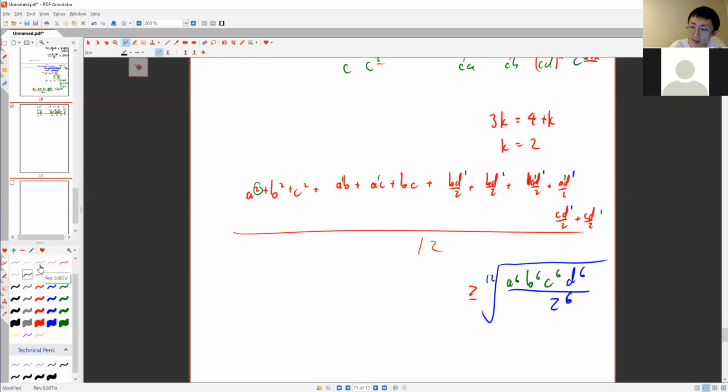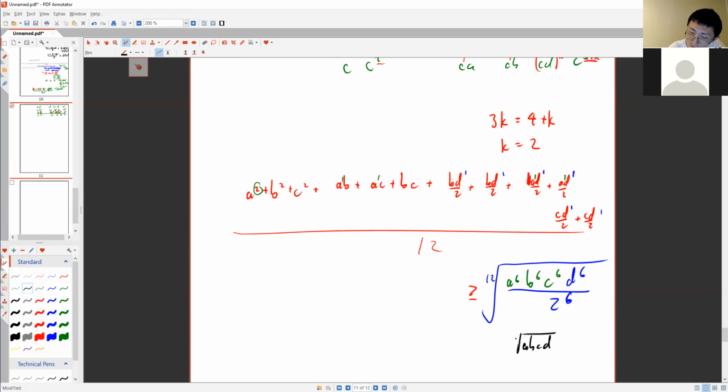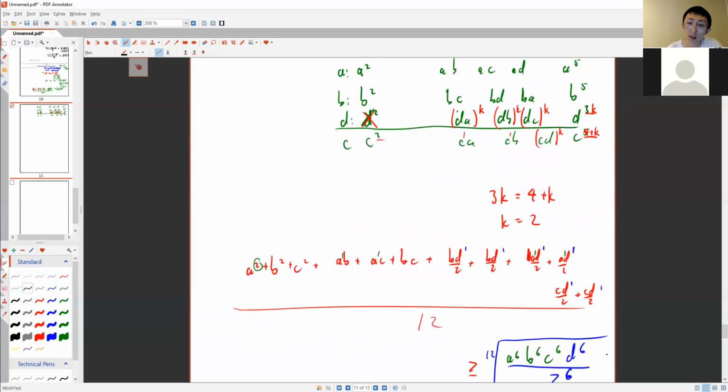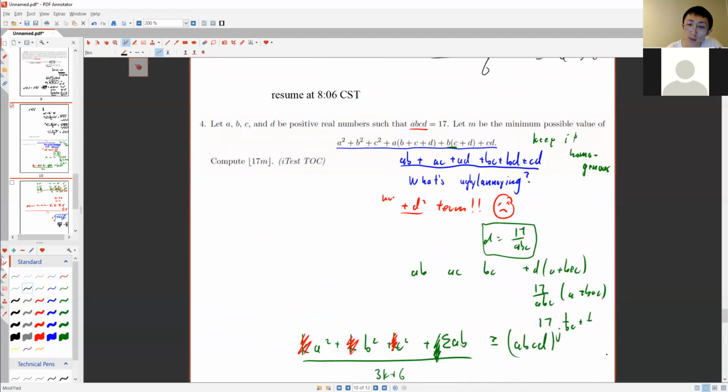So what this says is, what did it say again? So this is ABCD square rooted over, oh, this is 2 to the 6th. So this is over 2 square root 2. And ABCD was 17, I guess. What did the problem say again? ABCD is 17, yeah.